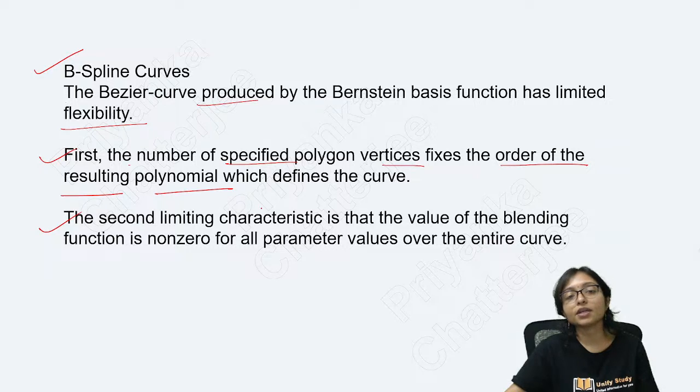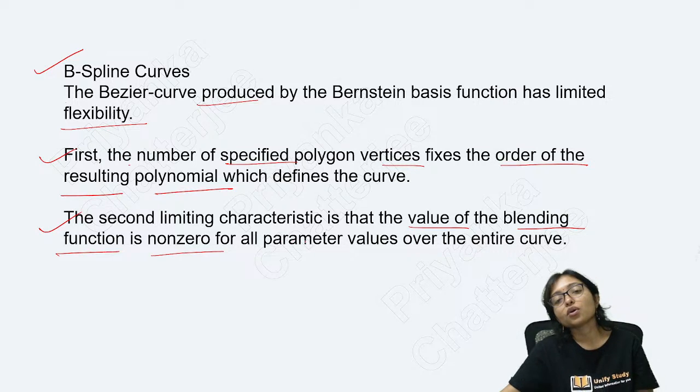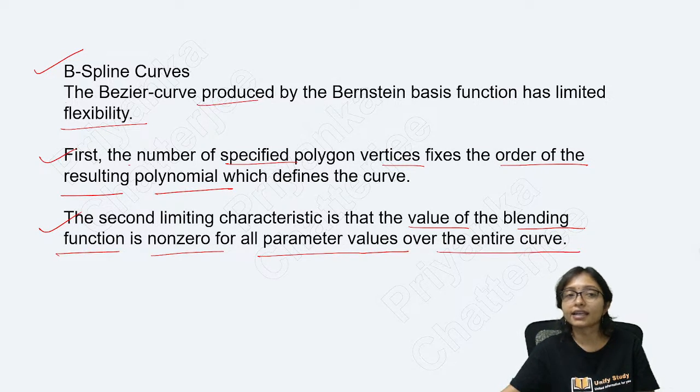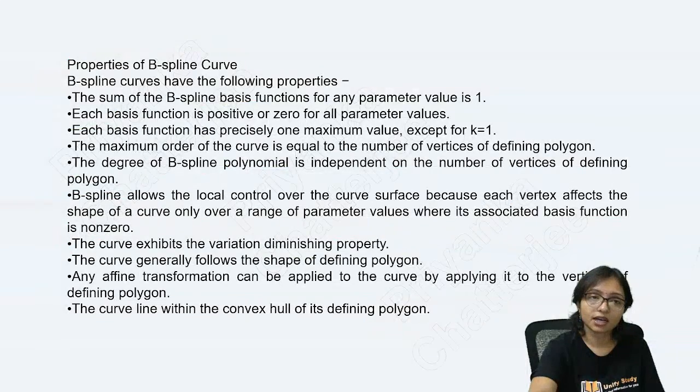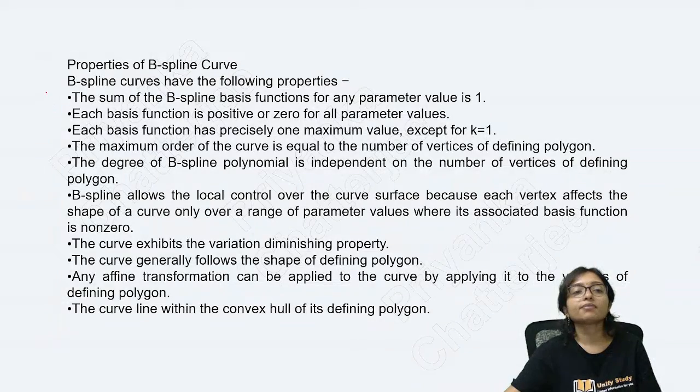The second limiting characteristic is that the blending function is non-zero for all parameter values over the entire curve. These are some limitations of the Bezier curve. That's why the B-spline curve came.